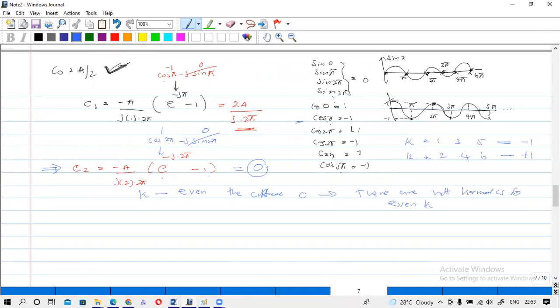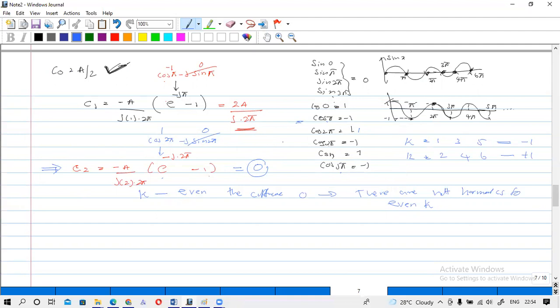We have to find the value for different k, then substitute the value and find the coefficient values. Here it is somewhat easy actually, but we have to do this for an infinite number of harmonics. So that is not very practical, and that is somewhat difficult.